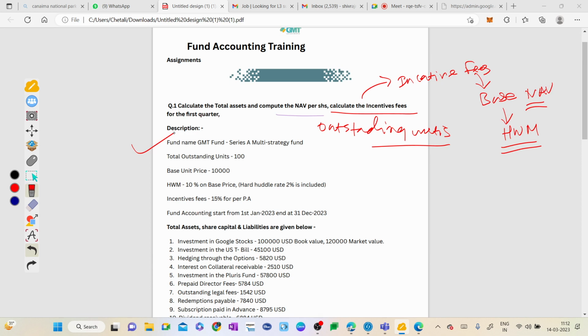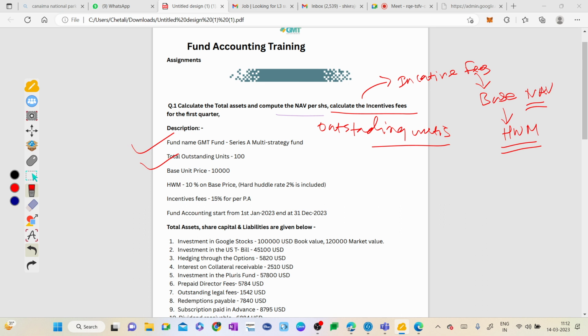Then we are assuming this is not a new fund, it's an existing fund. It's an ongoing process; let's say we have just set up a separate series for this. The fund started in a particular duration, and even though we haven't mentioned any closing dates, it's an ongoing fund.